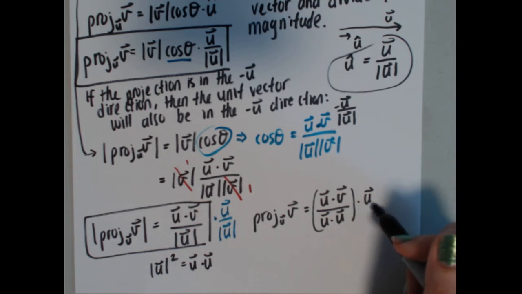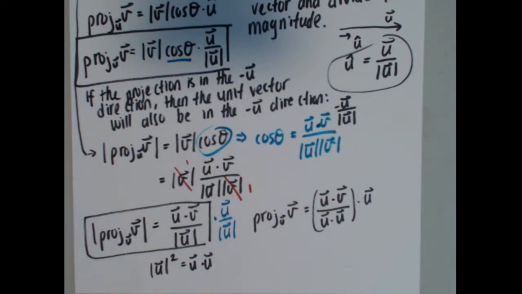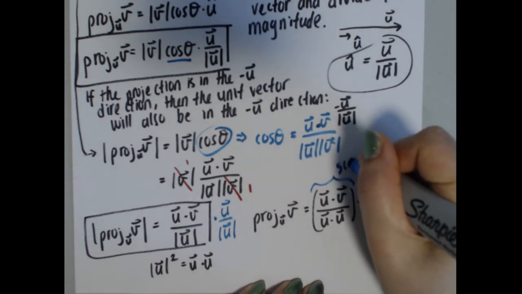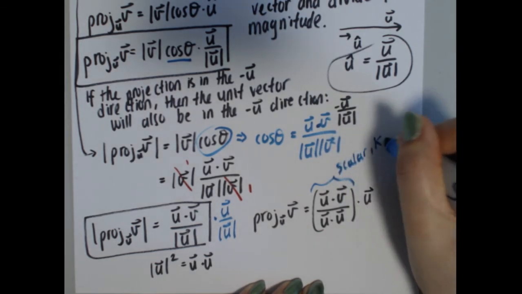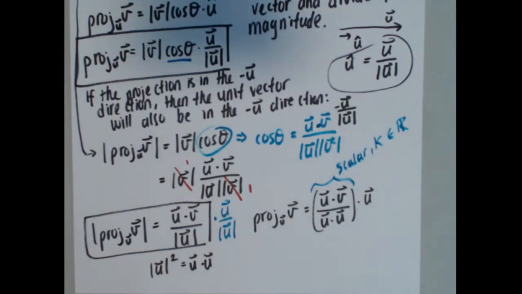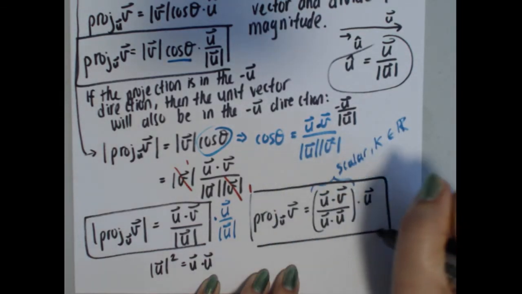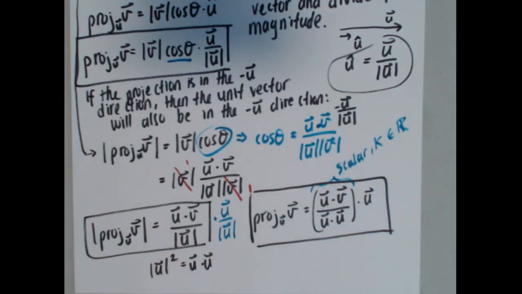If it's multiplication, you have to understand that that's multiplication. So this piece right here is a dot product over a dot product. This is the scalar, a constant k, which is an element of the real numbers, times u. But this is another formula for the projection of vector v onto vector u. This will come up again in one of the examples that we do.